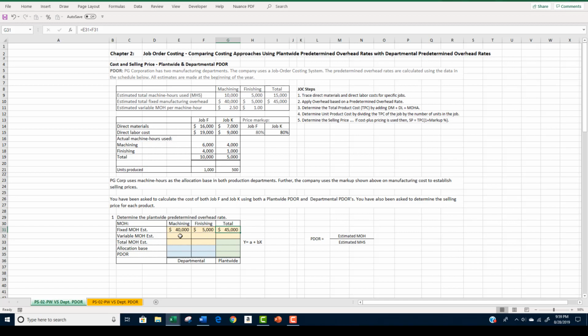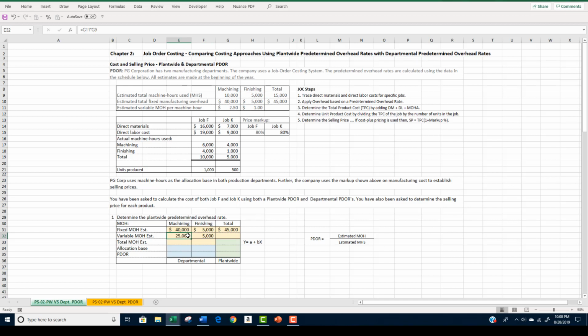The estimated variable MOH requires that you multiply the estimated variable MOH cost per machine hour by the estimated total machine hours to be used. For machining, we would multiply $2.50 per machine hour with 10,000 machine hours used to get $25,000.